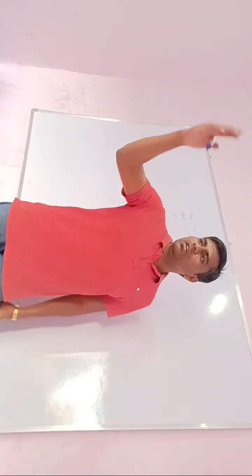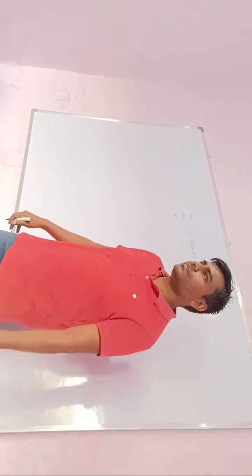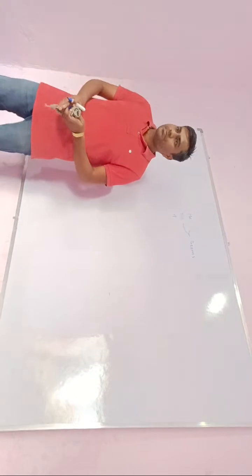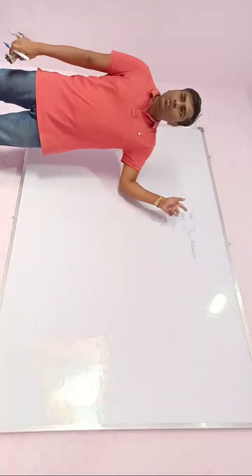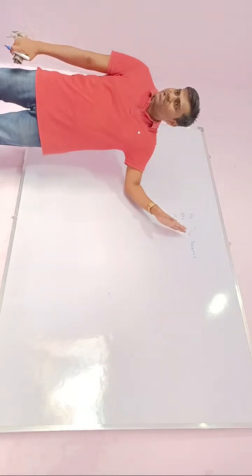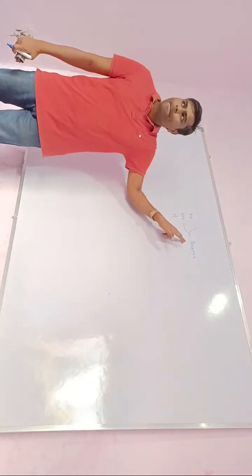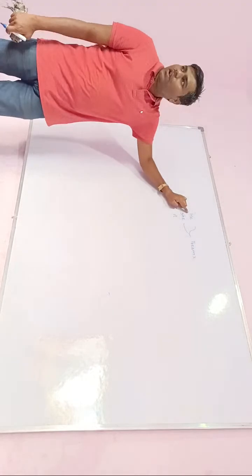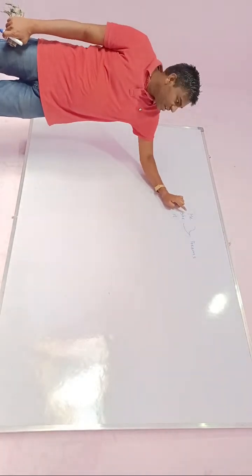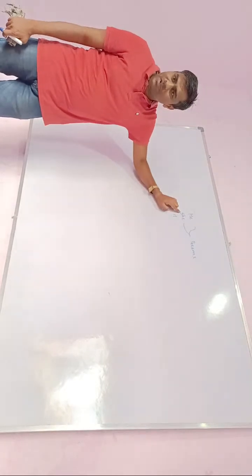Okay. One more student is new. Okay. Now let's see. These two pronouns that we use with persons. This we use for male person. This we use for female person.